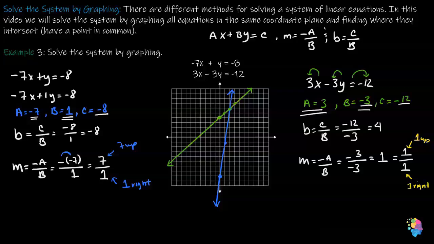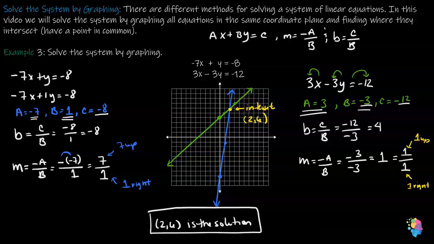With both our equations graphed, we see that the point of intersection is located up here in quadrant 1 at 2, 6. Then 2, 6 becomes the solution to the system.